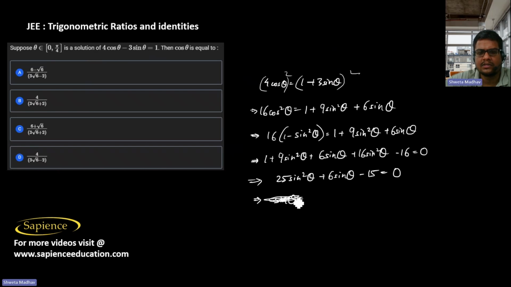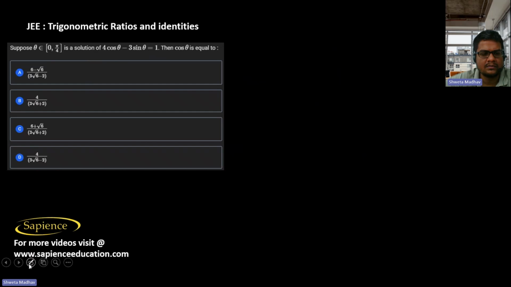But cos theta has been asked, so we can convert this into cos theta. So we can say 3 sin theta is equal to 4 cos theta minus 1.